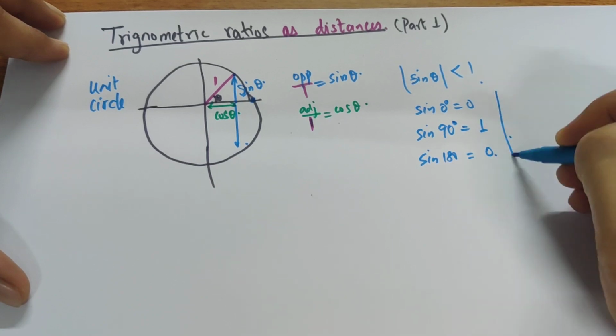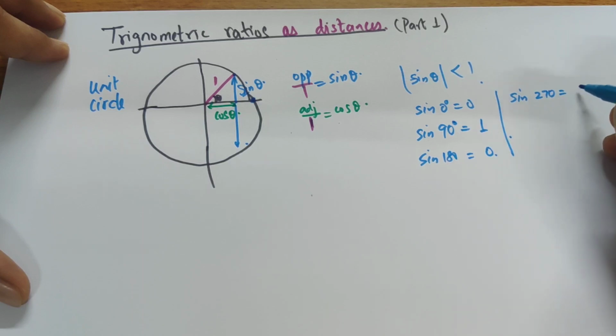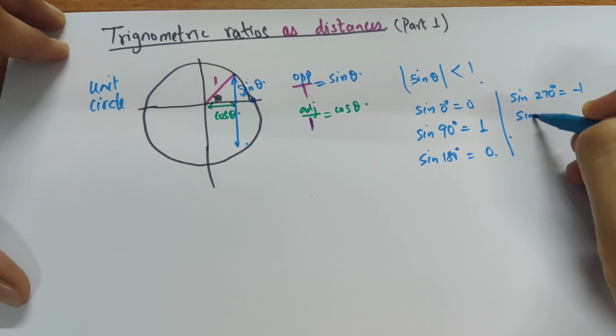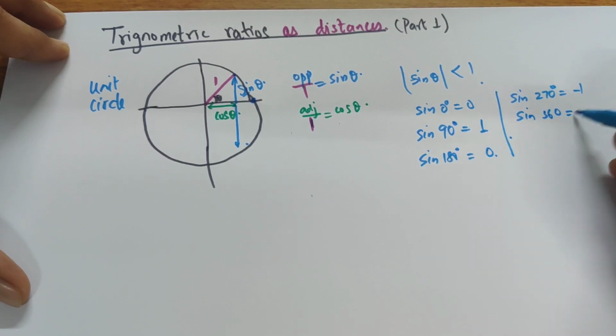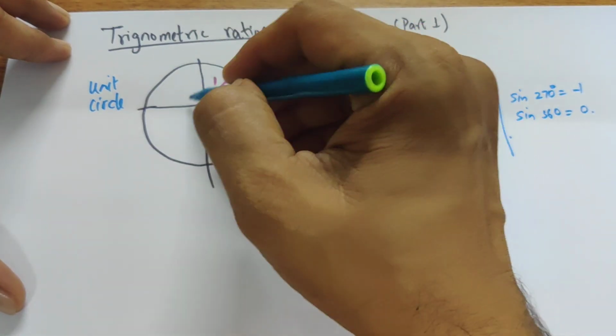Then you go to the other side, sine of 270 is negative 1, these are all in degrees, and then sine of 360 is again 0.